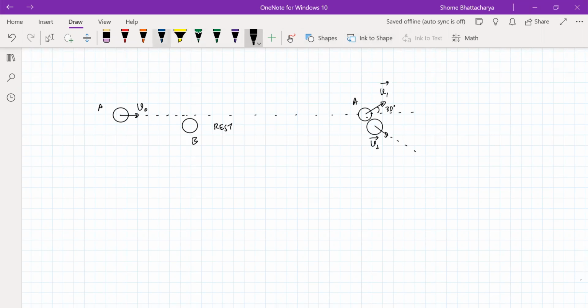Let's say this angle is now theta. We know that the masses are equal. We know this is 12 meters per second, and we know that magnitude of V2 is equal to V1. This is also given. So applying conservation of momentum, we can see that this is the case here.